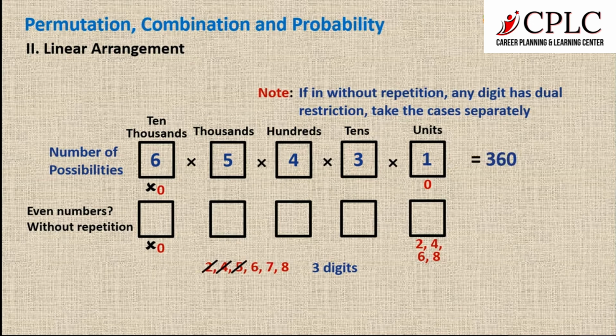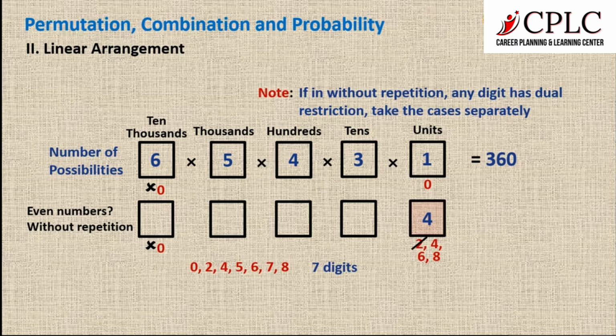The second case, without 0: units place you have 2, 4, 6, 8, one of them, that means 4 possibilities. Out of the 7 digits, you have utilized one digit at the units place, which is not a 0, and this is where you need to be careful. That means we are left with 6 digits, and in those 6 digits 0 is present, and 10,000s place 0 cannot come.